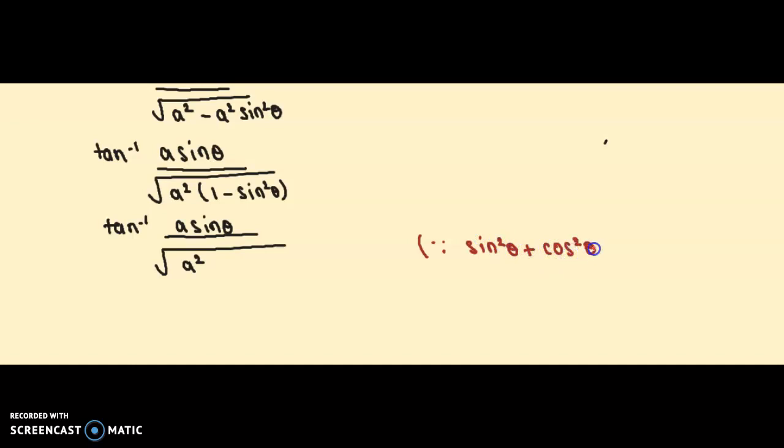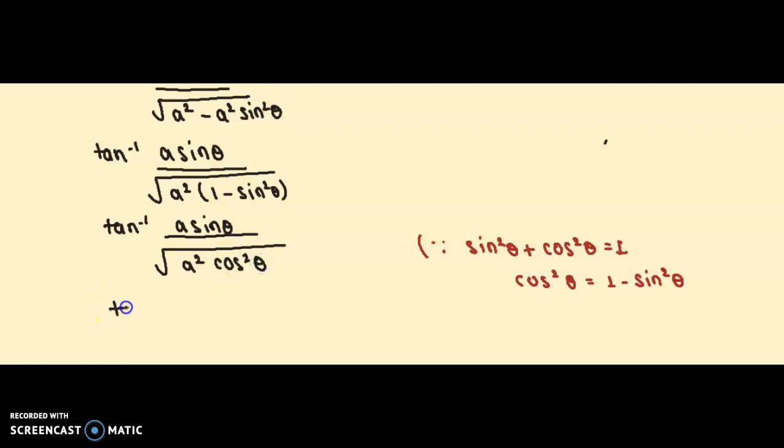We all know this very famous identity. So cos square theta becomes 1 minus sine square theta, and therefore in place of 1 minus sine square theta we write cos square theta.